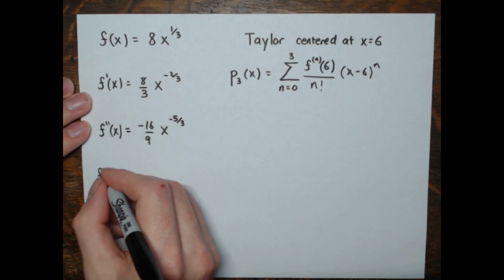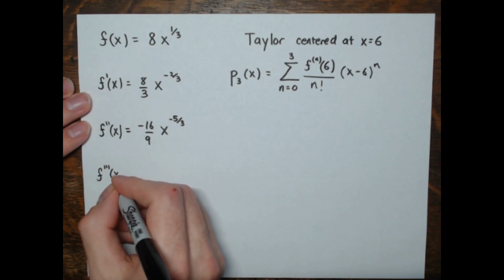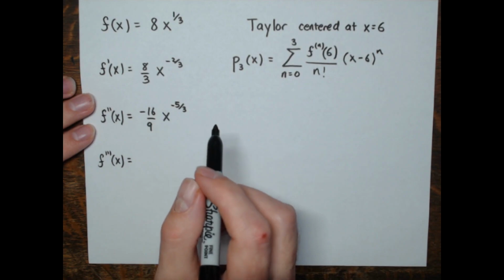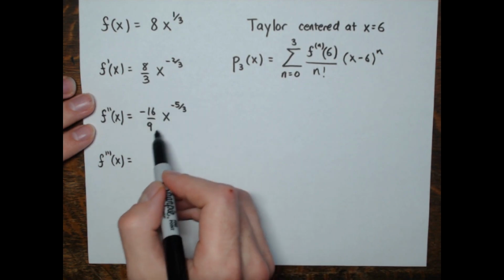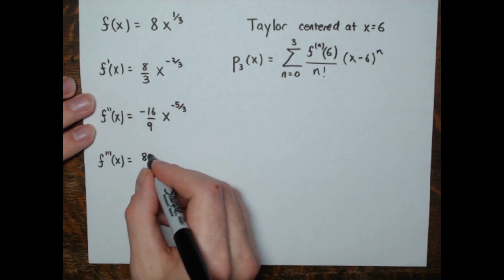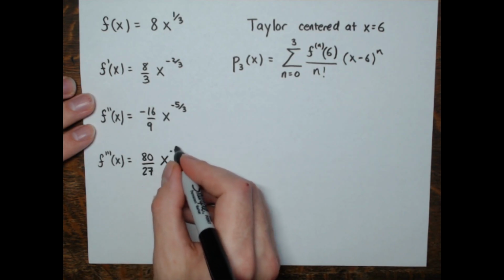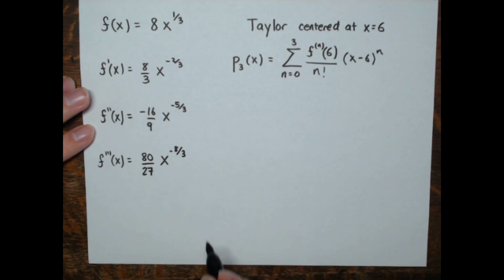And then the third derivative would be positive 80/27 times x to the negative 8/3.